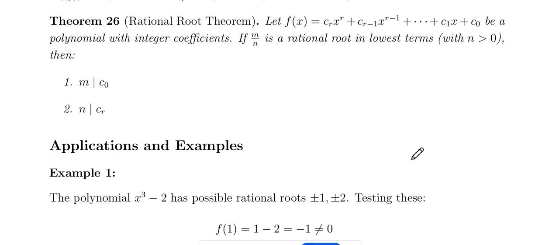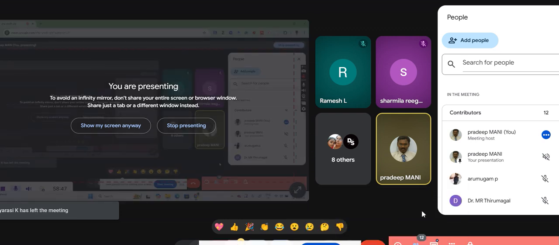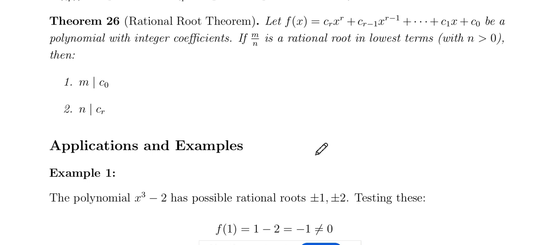And another one is the rational root theorem. I think it is in the 11th standard book. Let f of x equal to this be a polynomial with integer coefficients.